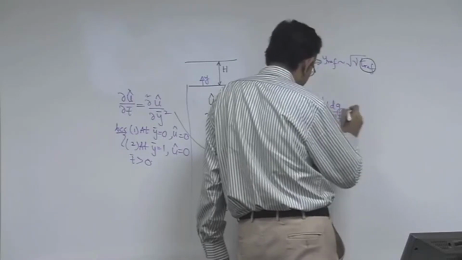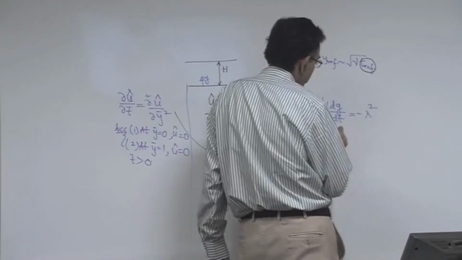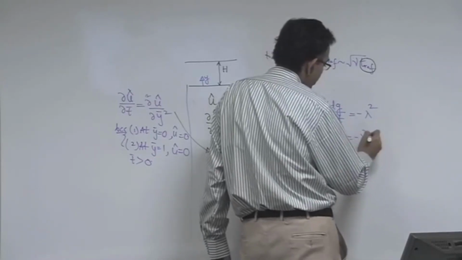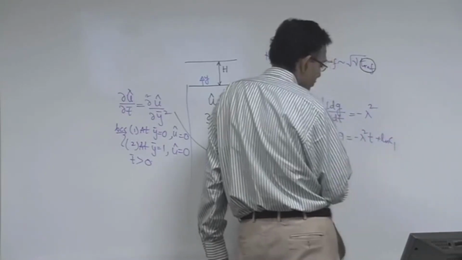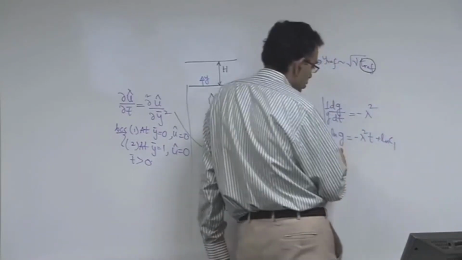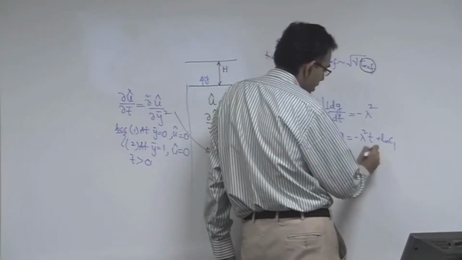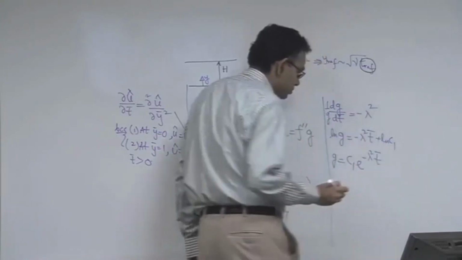One by g dg/dt is equal to minus lambda square. So, ln g is equal to minus lambda square t plus ln C1. So, g is equal to C1 e to the power minus lambda square t, where t means this is non dimensional time, t bar.